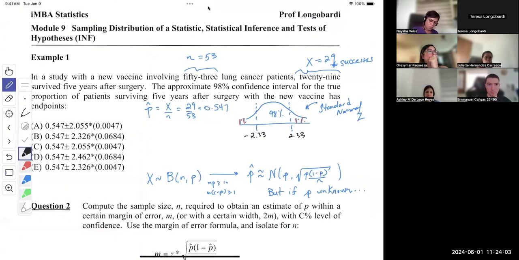Ah, stressful. All right, so what I want to do is take this number 0.547 and go 2.33 standard deviations from the mean. So I want to put here the standard deviation.